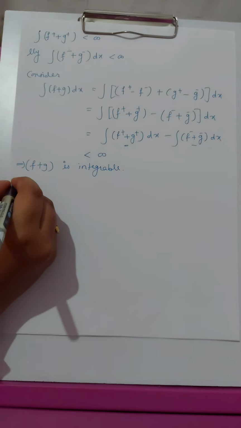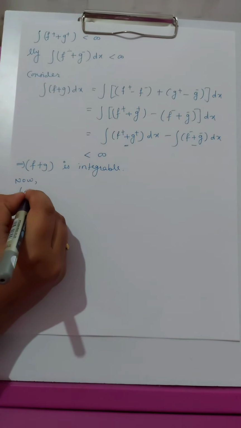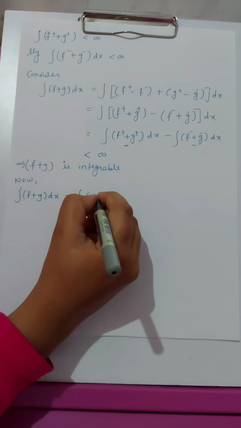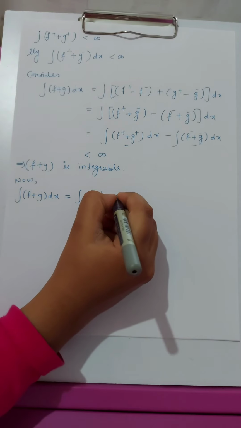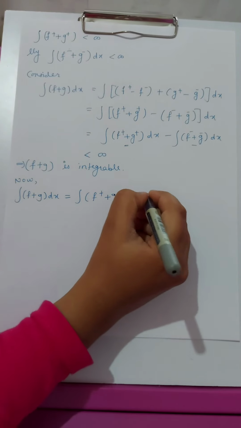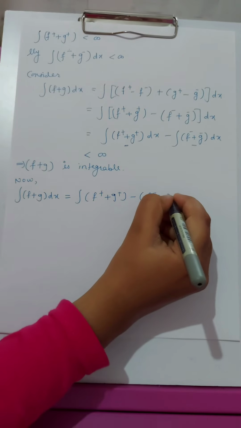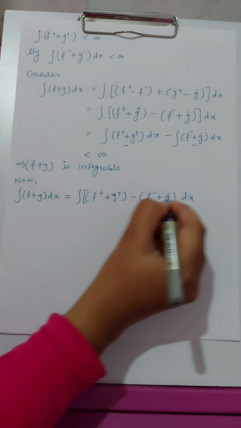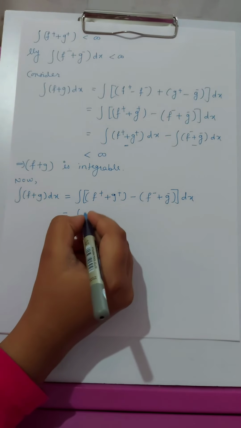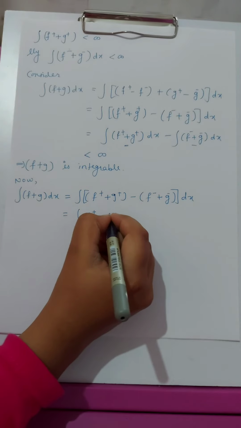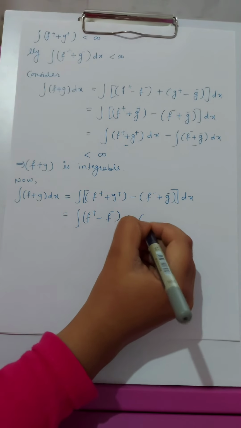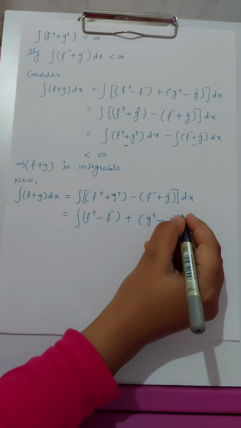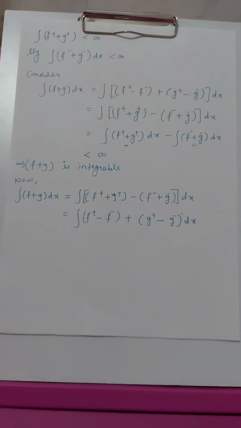Now again, let the integration of f plus g dx be equal to, by definition, the integration of f plus plus g plus minus f minus plus g minus dx. Now rearranging the terms, we get the integration of f plus minus f minus plus g plus minus g minus dx.